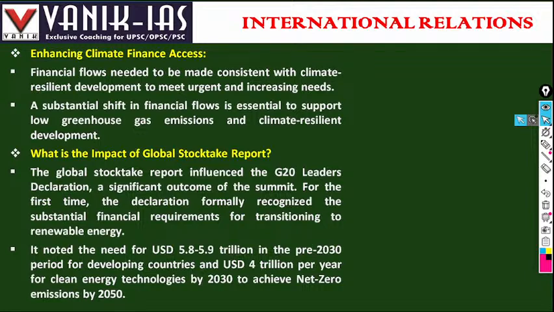A substantial shift in financial flows is needed toward low greenhouse gas emissions and climate resilient development.